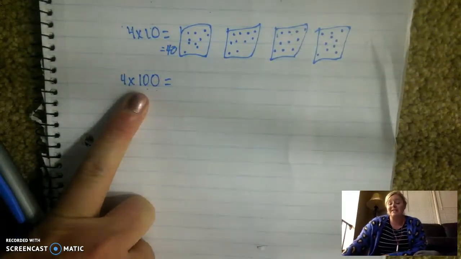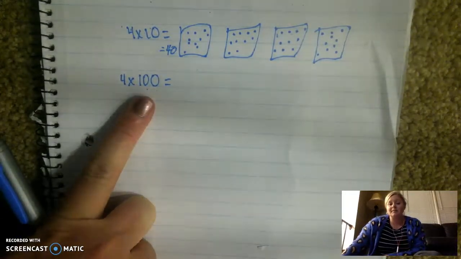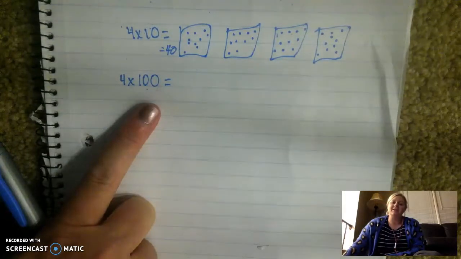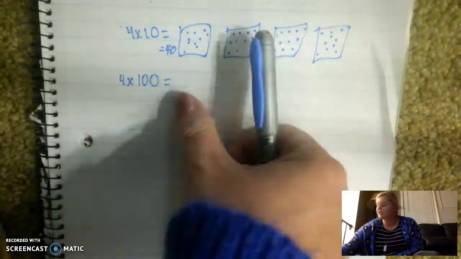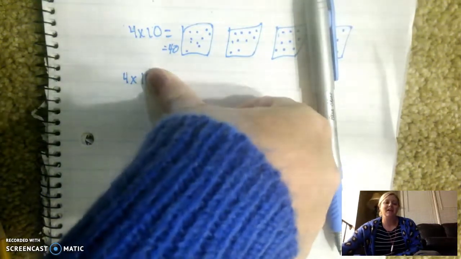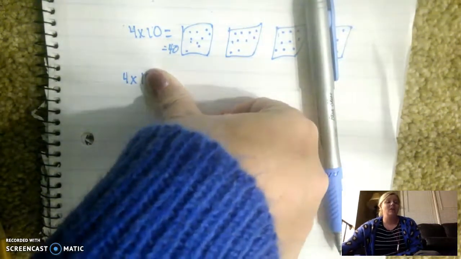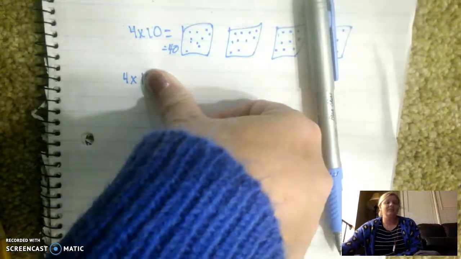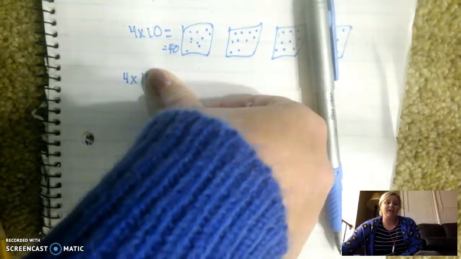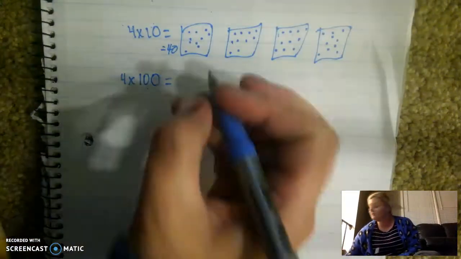Do you have any ideas? What if I looked at the base problem, what I already know? What if I looked at 4 times 1? Could I do that? Absolutely I could. 4 times 1 gives me 4.